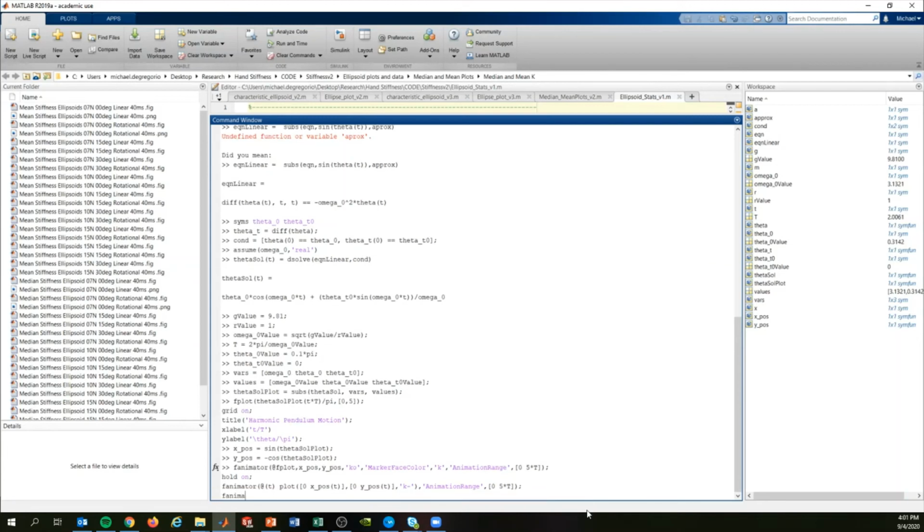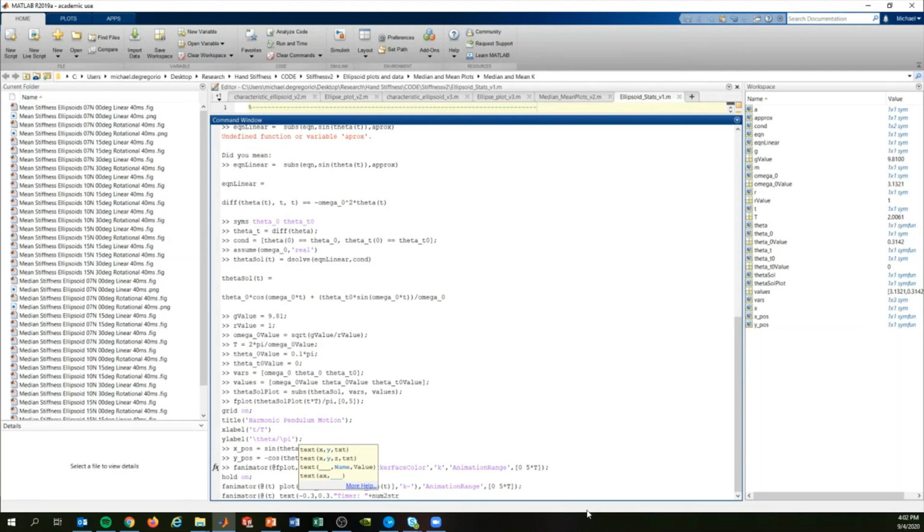And we're going to do the same type of command, f animator. We're going to have some text. Negative 0.3, comma 0.3, comma, timer colon, plus num2str, right?